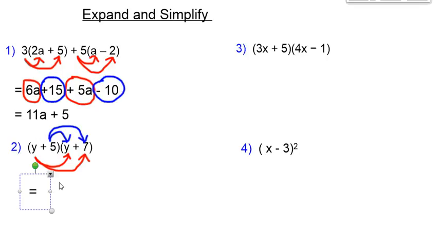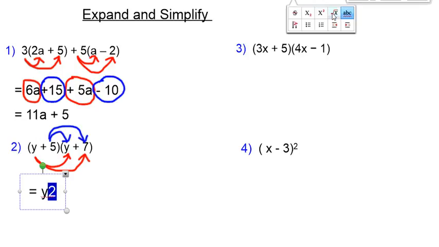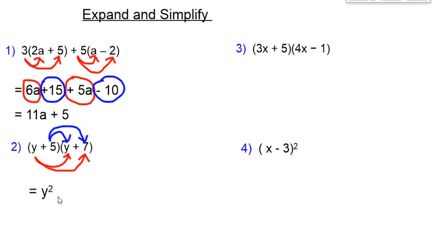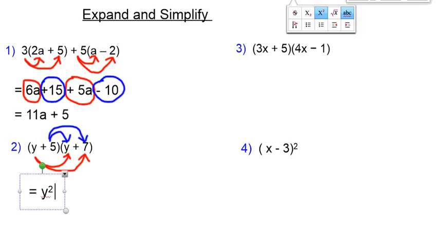Y times y will give you y squared. And then you follow the second arrow. Y times 7.